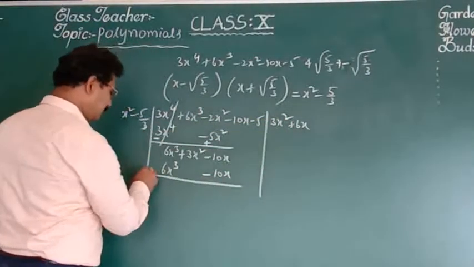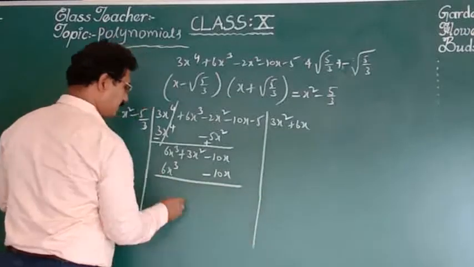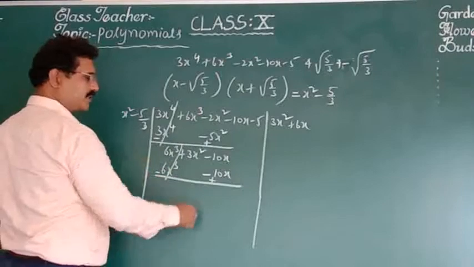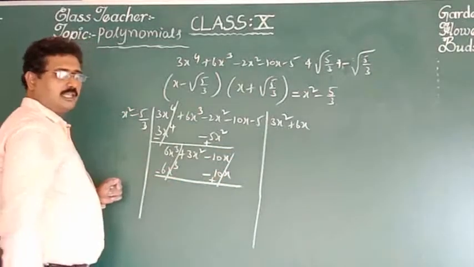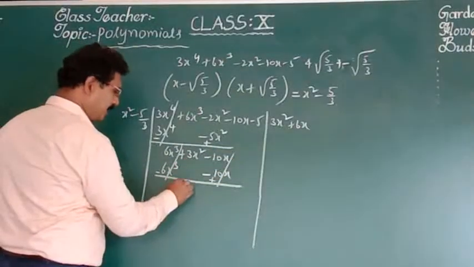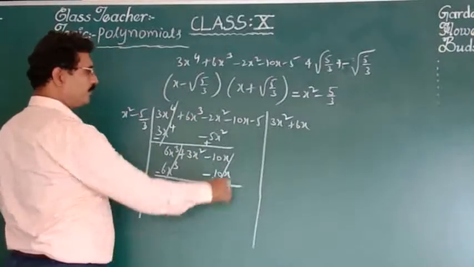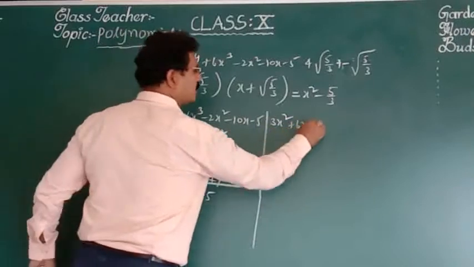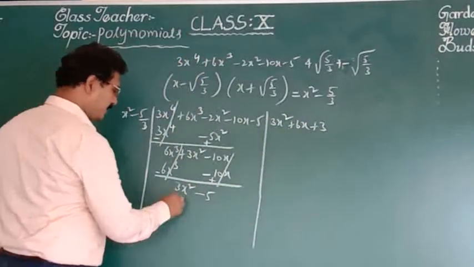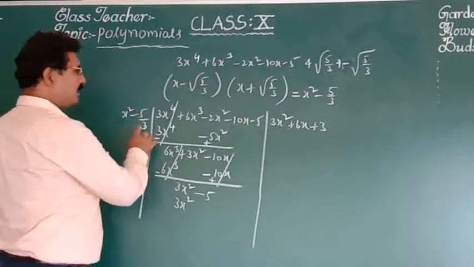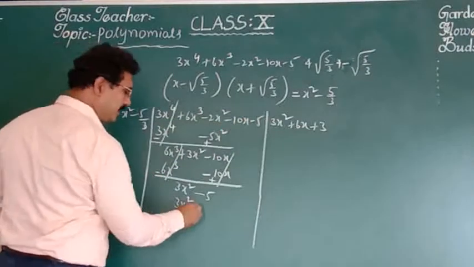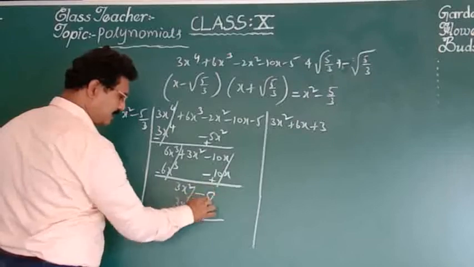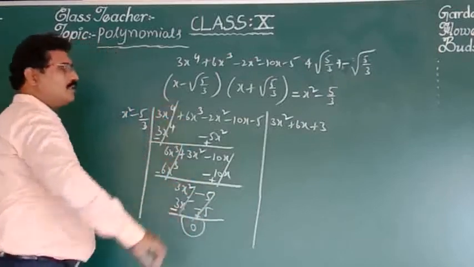Now again the sign changes, it becomes plus. 6x cube cancels, minus 10x plus 10x cancels, remaining 3x square, bring down minus 5, and x square only, so plus 3. That means 3x square minus 5 by 3 into 3, the 3 gets cancelled, minus 5, the sign changes to plus, cancel, and the remainder becomes 0.